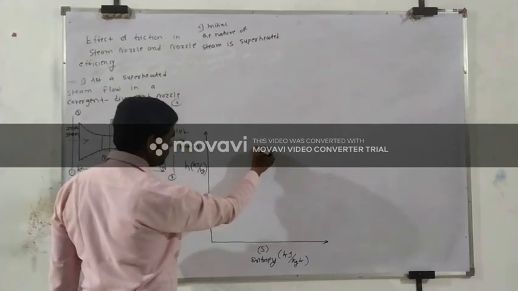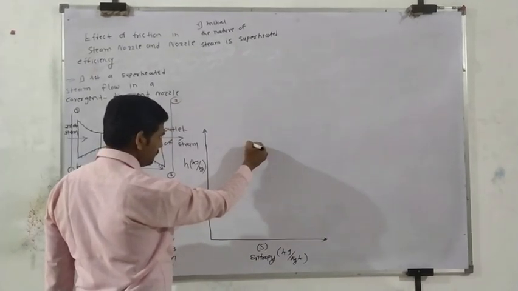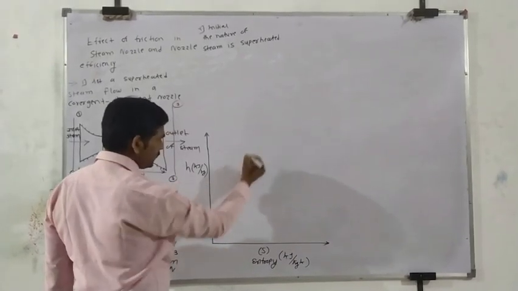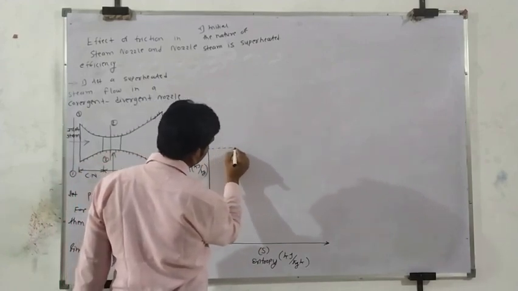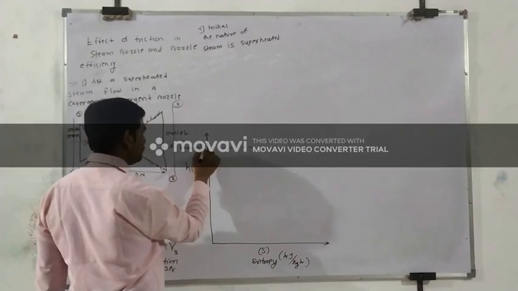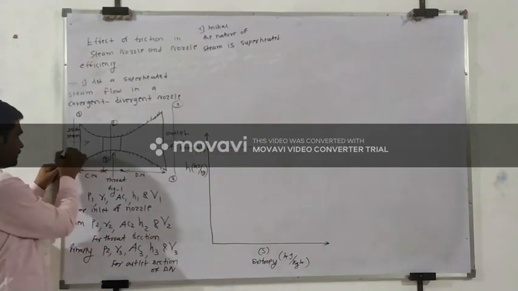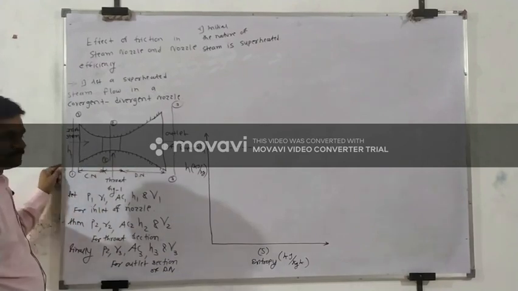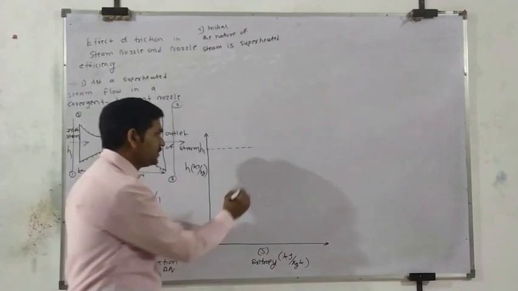So suppose we consider this point here, the inlet section. For the inlet section, we have the enthalpy H1. This is the H1 enthalpy for which steam? Superheated steam. We draw on the Mollier chart, the h-s diagram, H1 for which point?